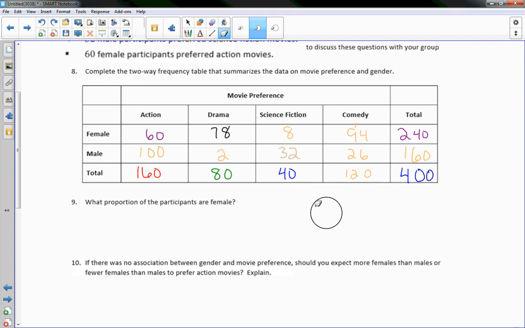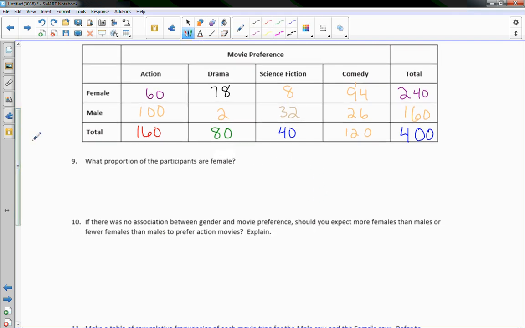Okay, so I'll get rid of my work there and now answer questions about this. What proportion of participants are female? You see the word proportion? Let me use blue. Proportion tells me that there's a fraction. What proportion of the participants? That keyword tells us of the total participants, 400, are female.